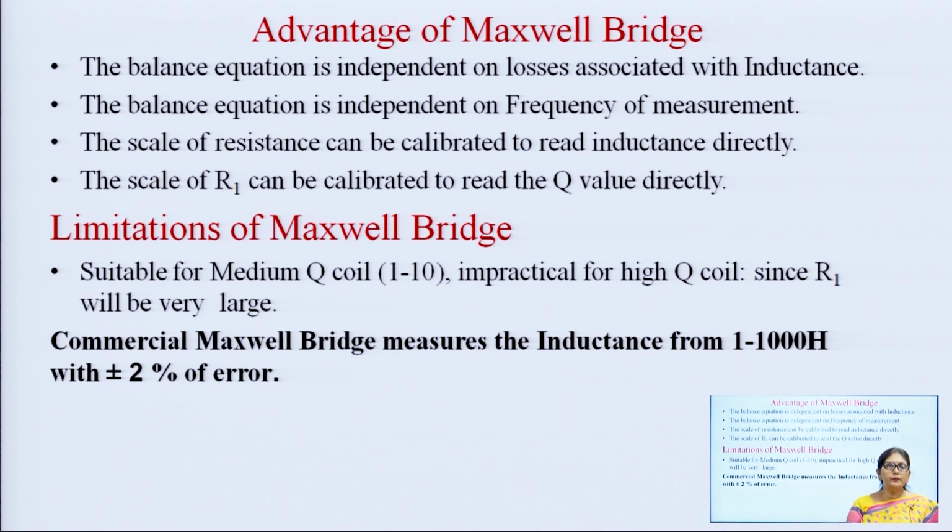This Maxwell bridge is suitable for medium Q coils, whose Q value is between 1 to 10, and R1 is very high in this case. The commercial Maxwell's bridge available in the market measures inductance from 1 to 1000 Henry with plus minus 2% error.